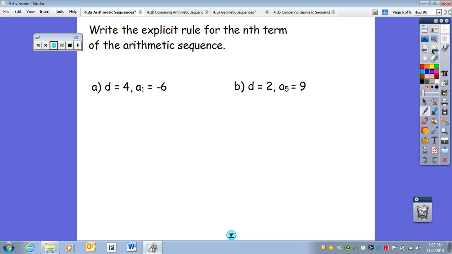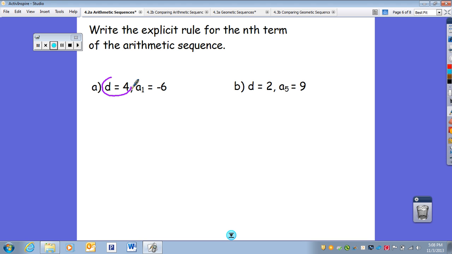So let's see if we can write the rule for the nth term of the arithmetic sequence. So we have our difference, which is 4, and we have our first term, which is negative 6. So remember, what we needed to do was we needed to write our sequence as a sub n equals the difference times n plus the previous term, which is a sub 0.